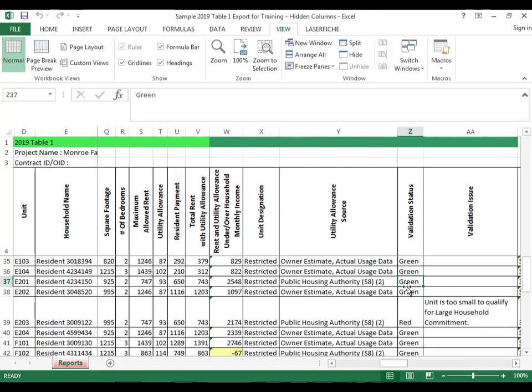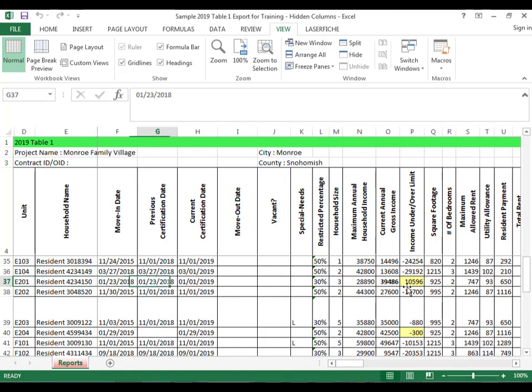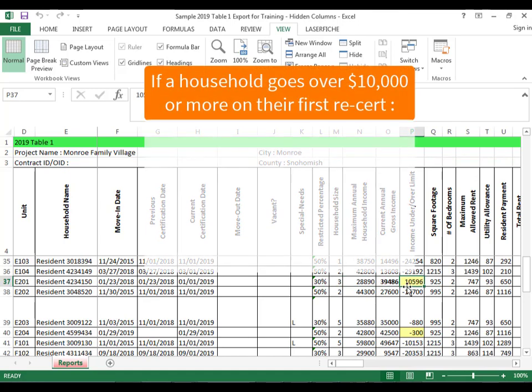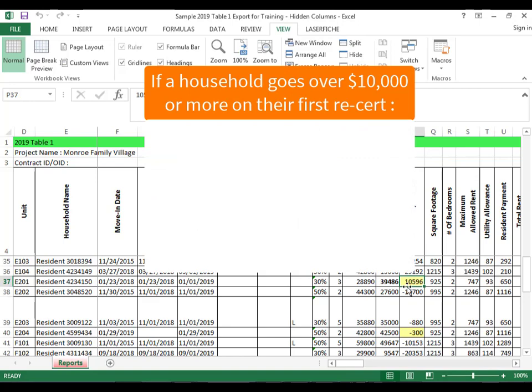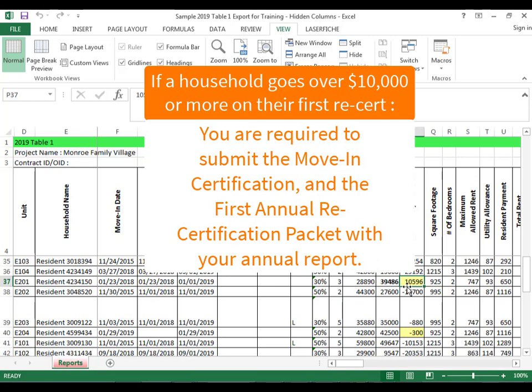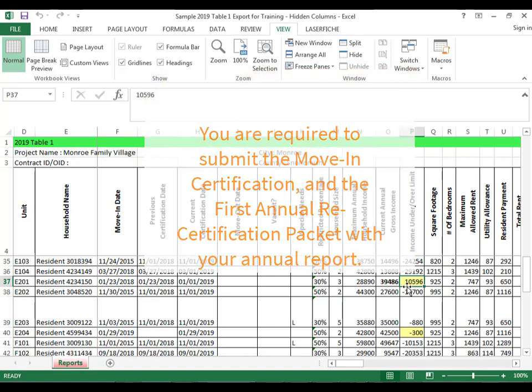There's nothing there. However, if you report to the commission for your tax credits, when a household's income rises $10,000 or more above the limit at first recert, just as with a 140% unit, we're going to ask that you submit the move-in certification and the first annual recertification so we can see what accounts for that large jump in income.